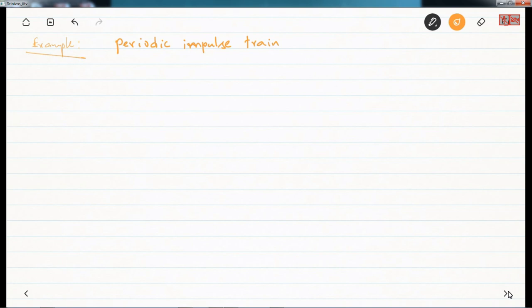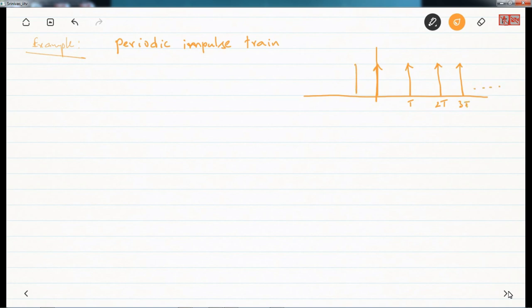So let's consider an impulse. There is an impulse here, an impulse here, an impulse here. So this is a periodic train of impulses, and so on.